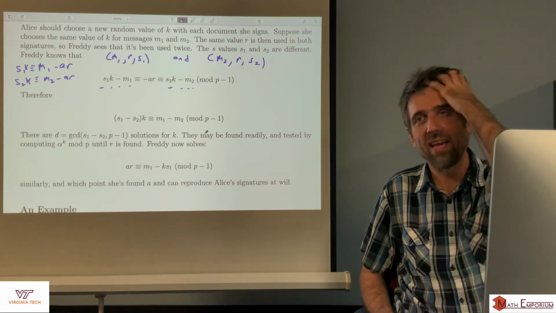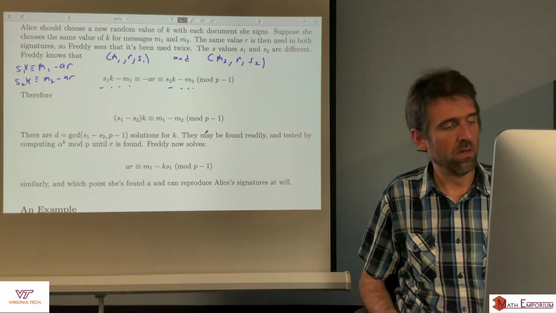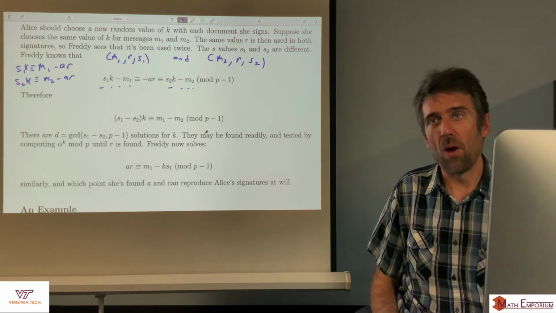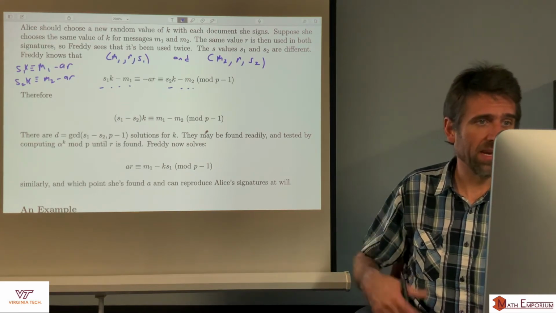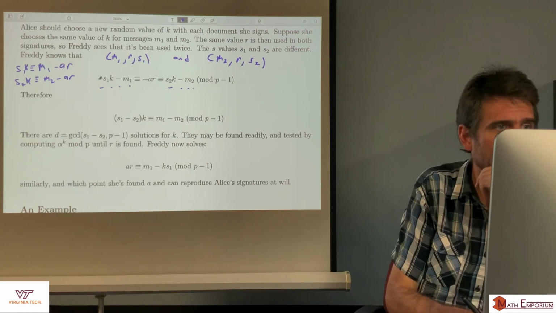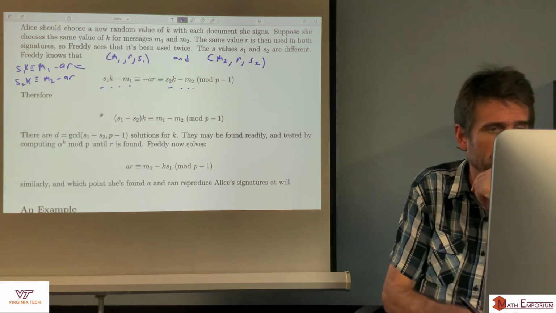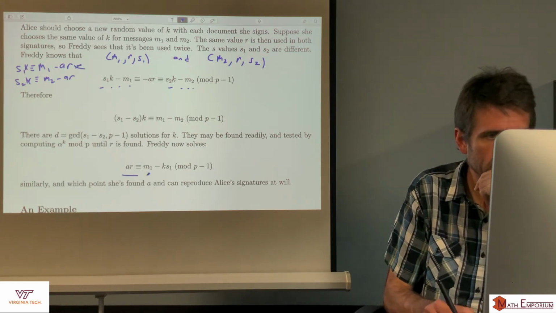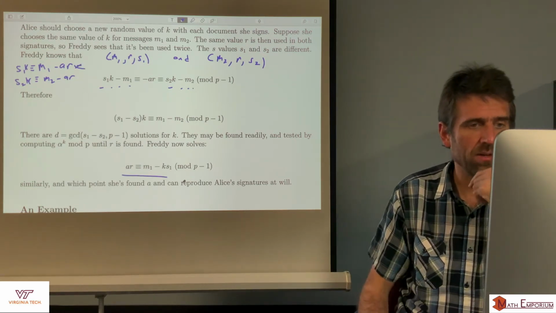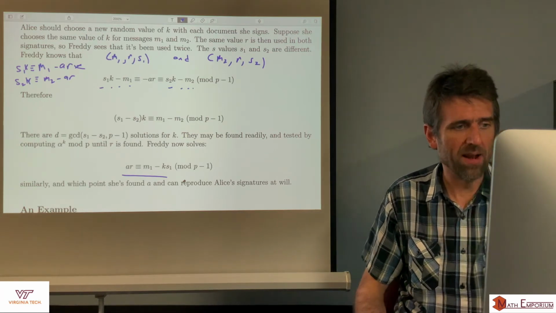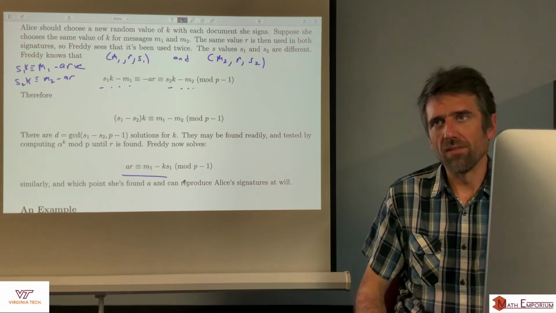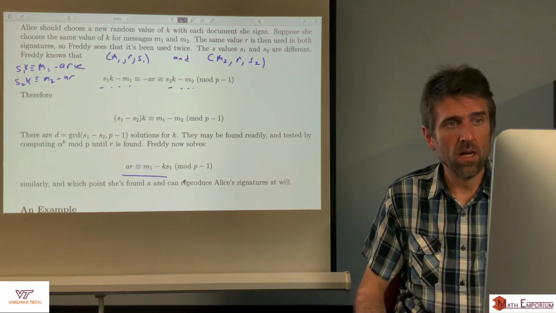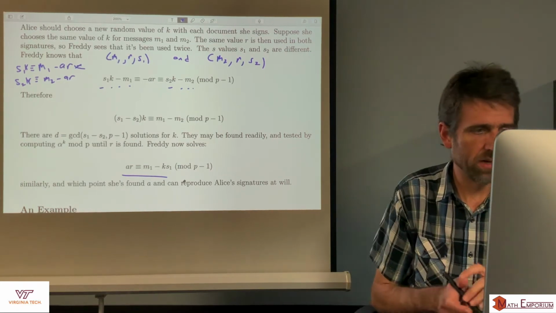But that just gives us k, which would be no big deal, except that we can actually use k to then solve for a. We can plug k back into this congruence here and get aR is congruent to M1 minus k s1 mod p minus 1, and then use that to solve for a. Once a is found, the system is broken, and then the intruder can reproduce Alice's signatures at will.